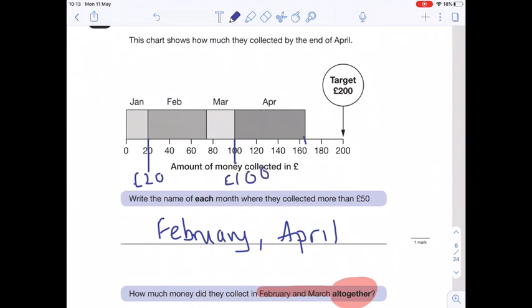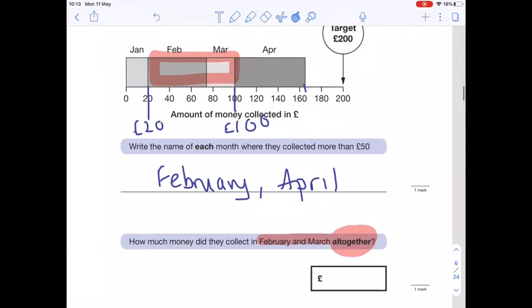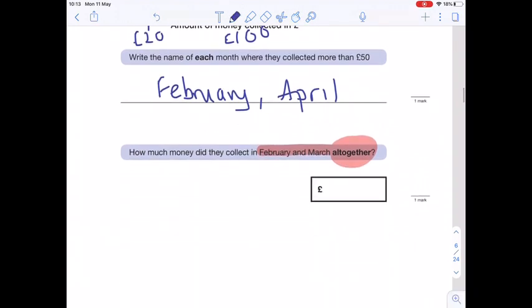So the amount that they raised in this section, just February and March, is £80. It's 100. Oops, sorry. It's 100 take away 20, which gives you £80. Okay. You have to add them together, both February and March total, to understand how much.